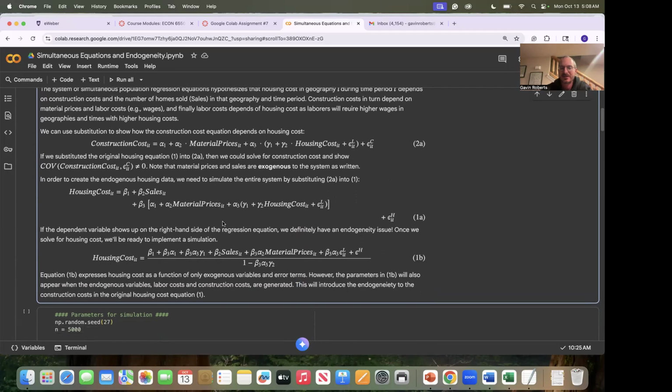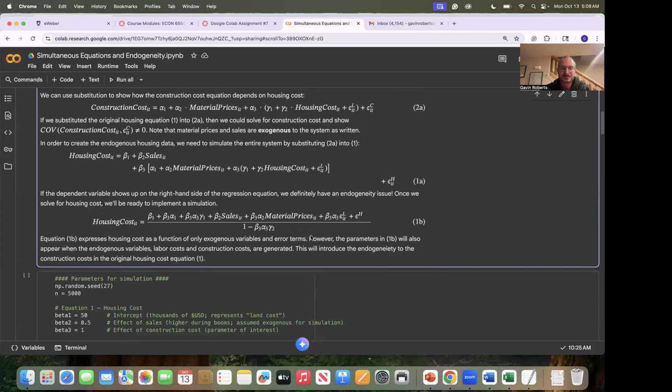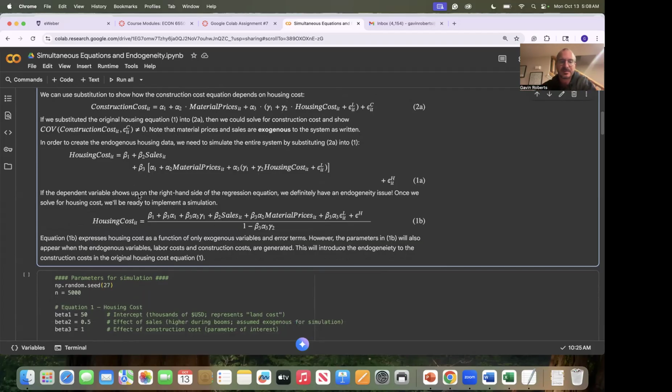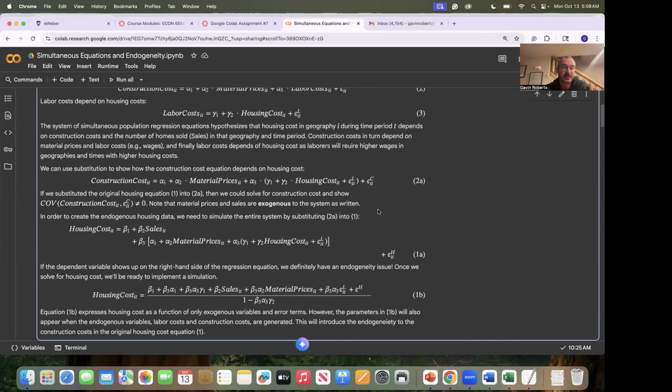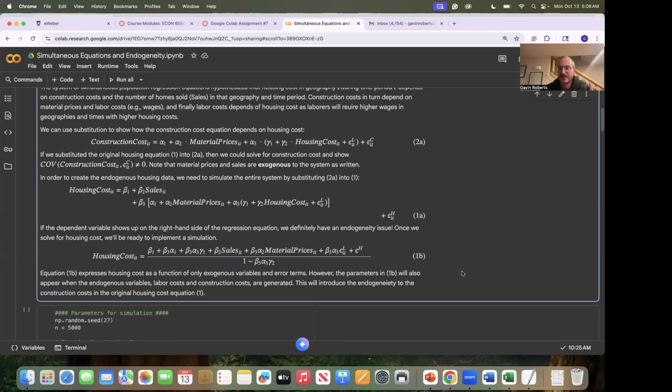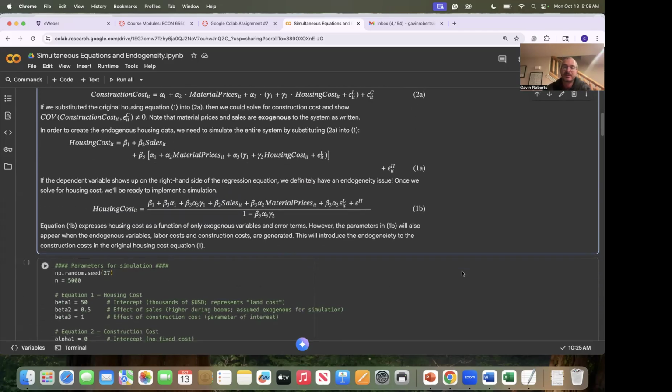So those types of things, that's going to be an error term issue, and that's going to lead to covariance between construction costs and our error terms. Because again, this is basically construction costs right here, right? So if the dependent variable shows up on the right-hand side of the regression equation, we definitely have an endogeneity issue. So that would be one way if you're setting up a system of simultaneous equations. That might be a nice way to express that for your project on your poster or something, if you would end up with a project like this.